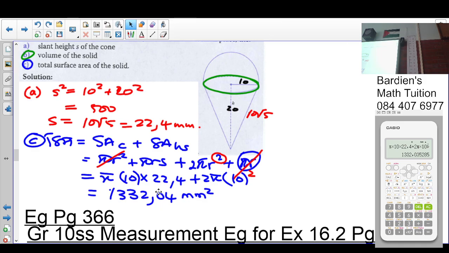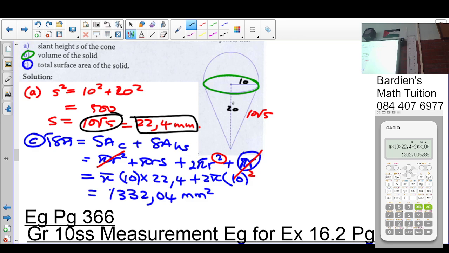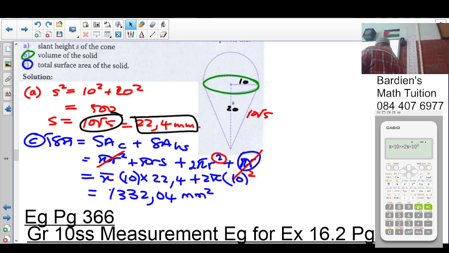Okay, is that the right answer? No. What's the answer there? 1331? Yeah, so what they did was, instead of saying 22.4, they used this, 10 root 5. So whether you say 10 root 5, 1330.8.